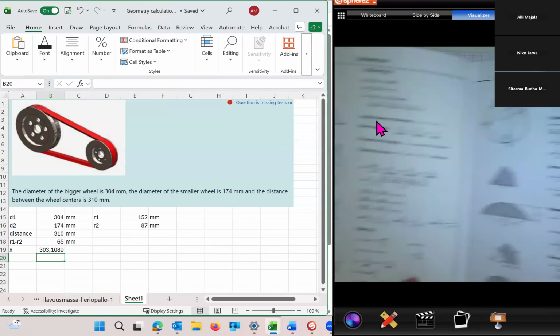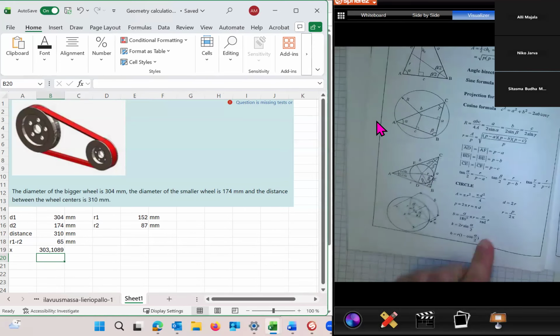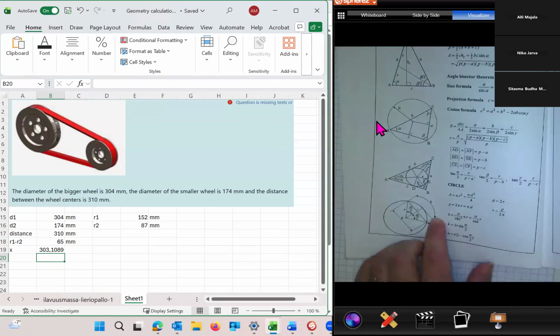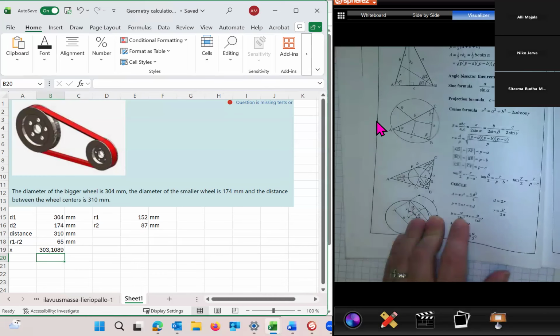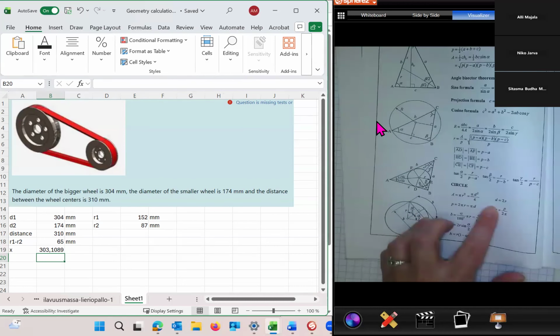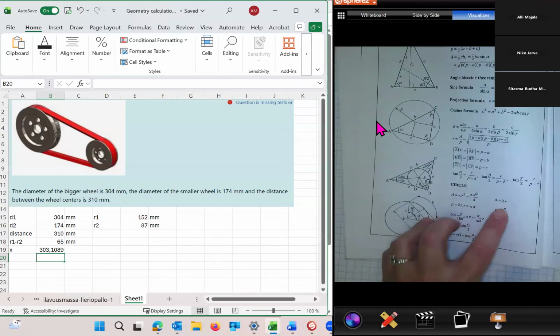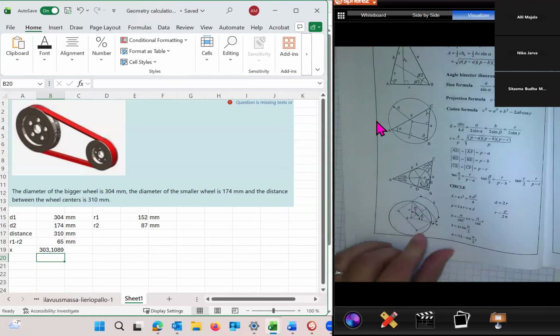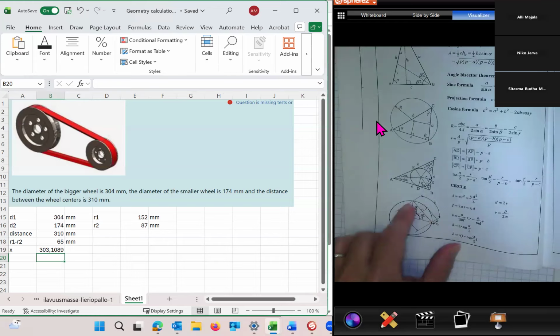And maybe some of you already know, like in the circle, this length here, you have to know the angle there basically, because the whole circle, what is the word for that? Round the whole circle. Circumference.